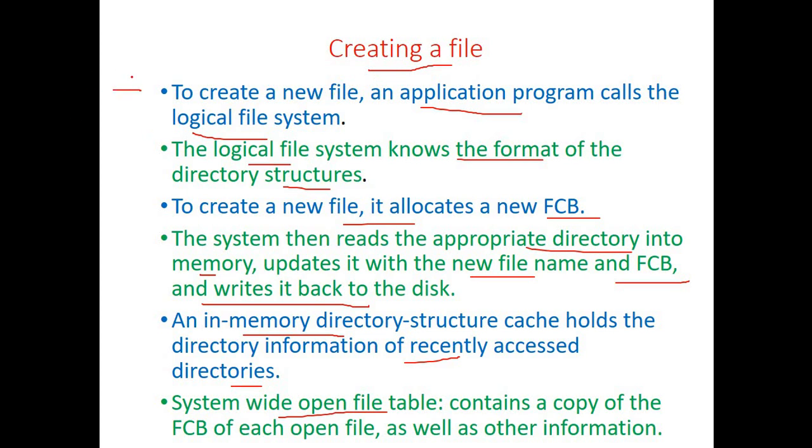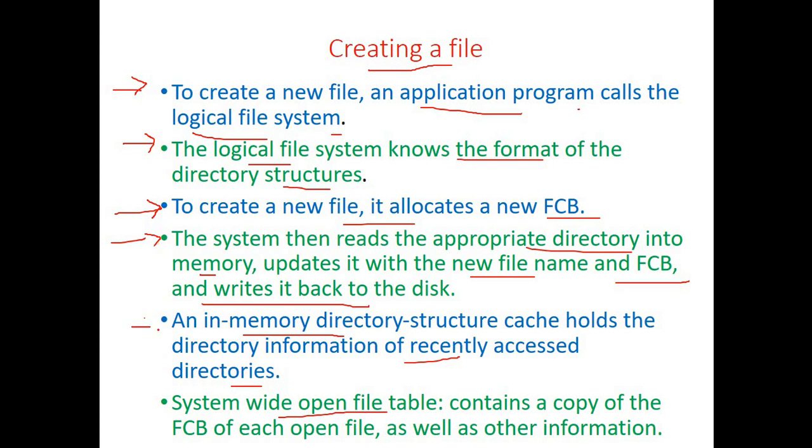So initially when a file is created, it makes a call to the logical file system. The logical file system knows the format of the directory structure. Then it creates a new file and allocates a new FCB. Then the system reads the appropriate directory where this file is to be stored into the memory, and that directory is updated with the new file name and its corresponding FCB and written back into the disk.